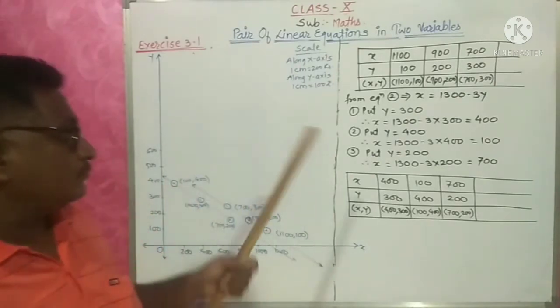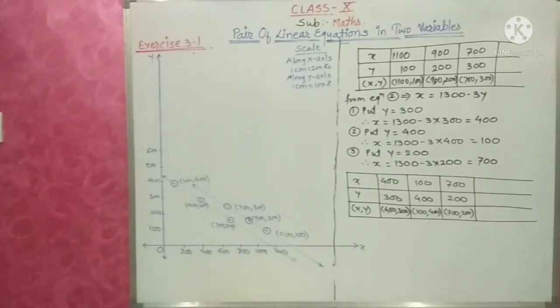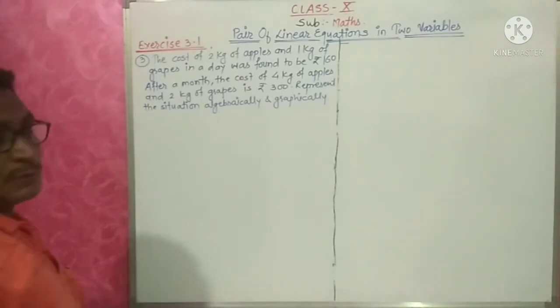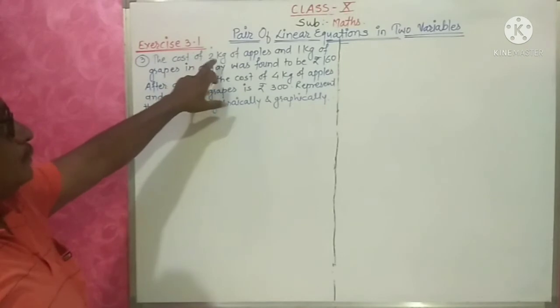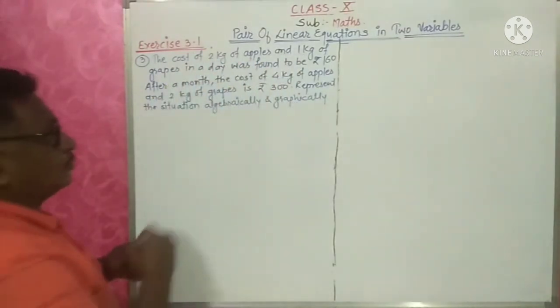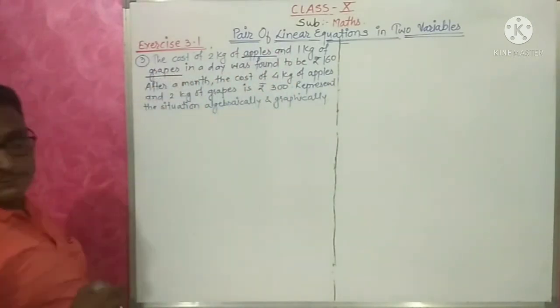Now we will go on to the next question. Third example. What is given in the third example? The cost of 2 kg of apple and 1 kg of grapes. So two things, apple and grapes.